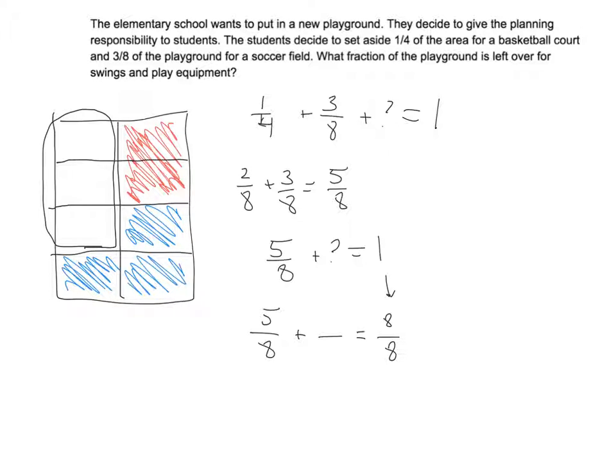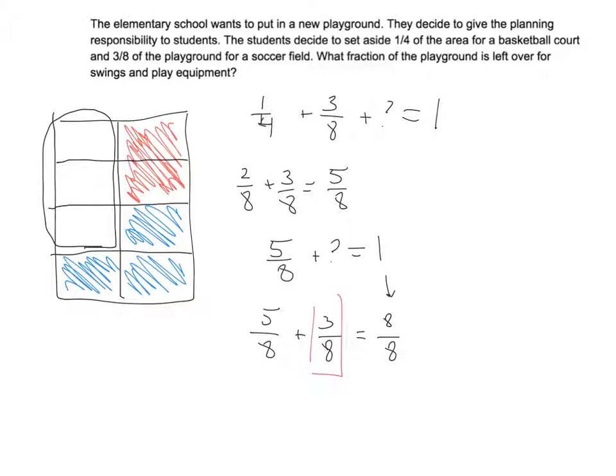So 5 plus some number, again our denominators stay the same, equals 8. That's going to have to be 3. And therefore we know that 3/8 is our missing, or leftover, playing field.